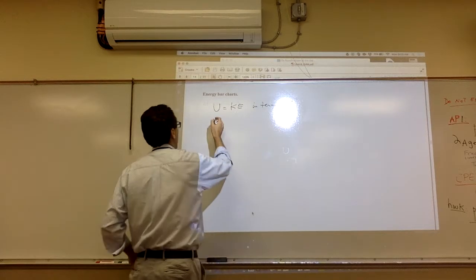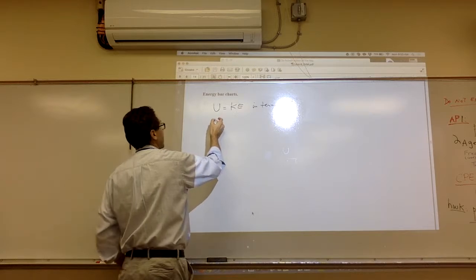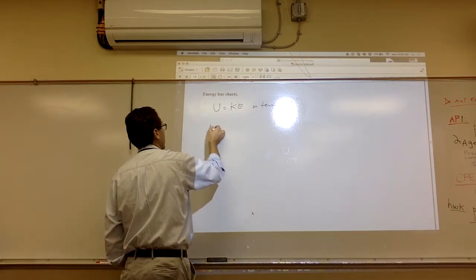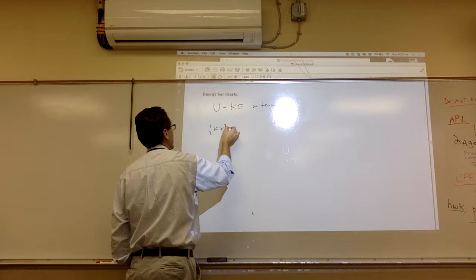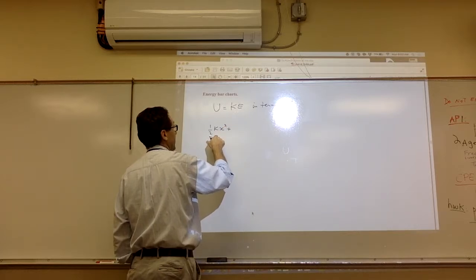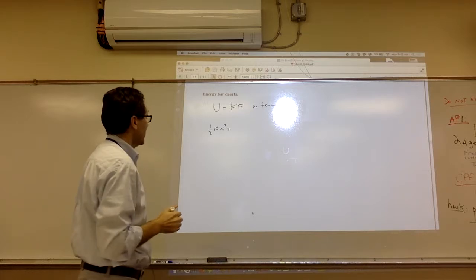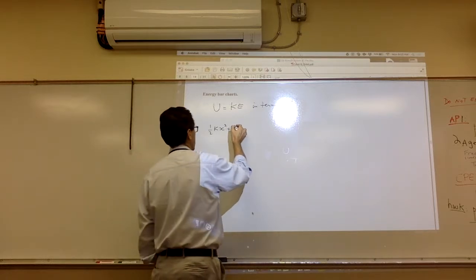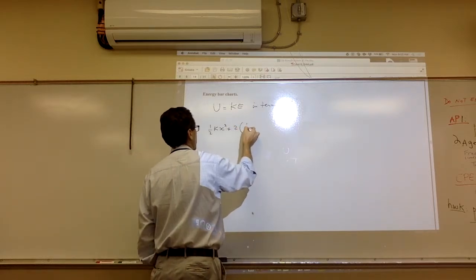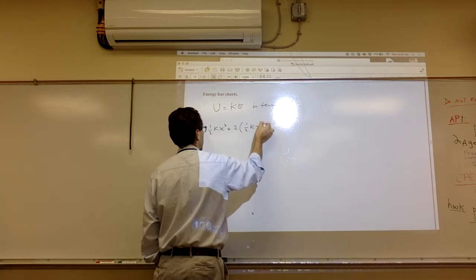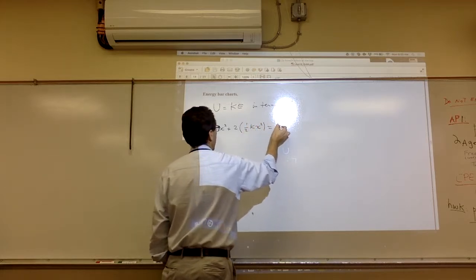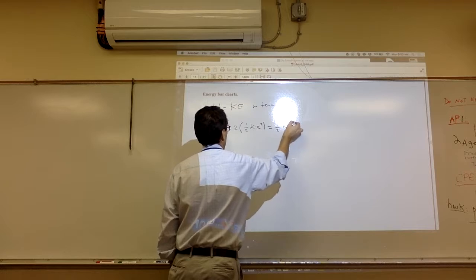We're going to do 1/2 k x squared, and you want this to be half of the kinetic energy. So basically you want your kinetic energy to be twice as much. So you want it to be twice that. Equals 1/2 k a squared. I hope that makes sense.